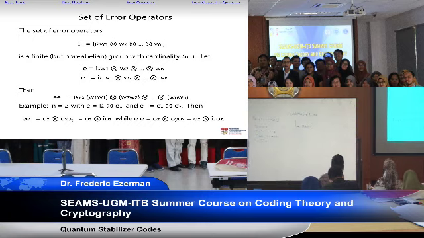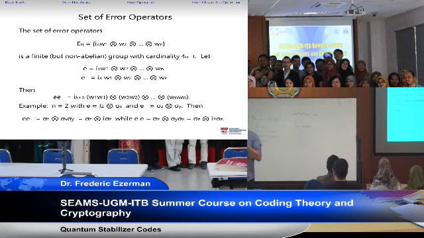Now, let's continue. All of these are easy to verify, if you still remember your abstract algebra. So the center of that group is just this. So you mod out the I raised to lambda. Then everything else inside will commute.